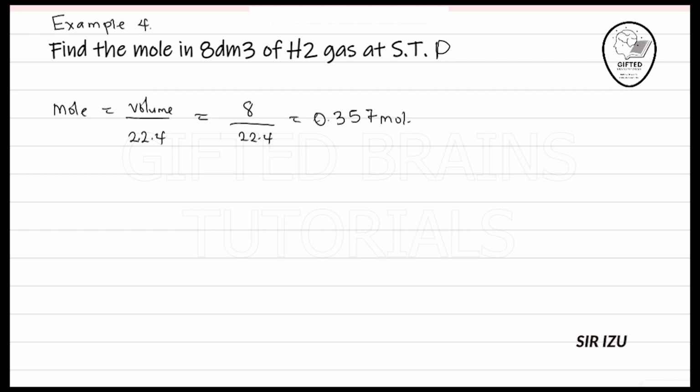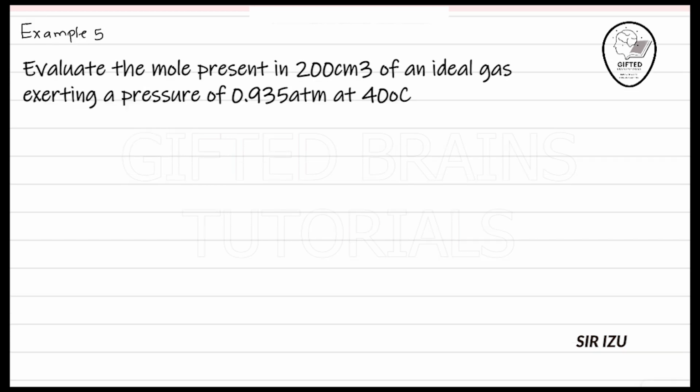Example 5. Evaluate the mole present in 200 cm cube of an ideal gas, exerting a pressure of 0.935 atm. And for this question, we simply use PV over RT. So my mole is PV over RT. The pressure, P for pressure, is given as 0.935.